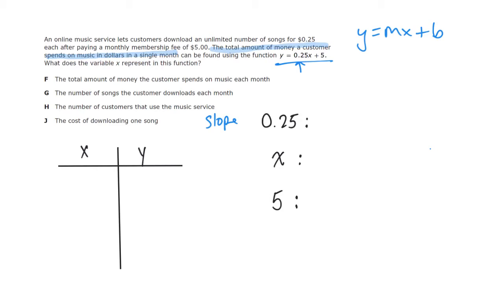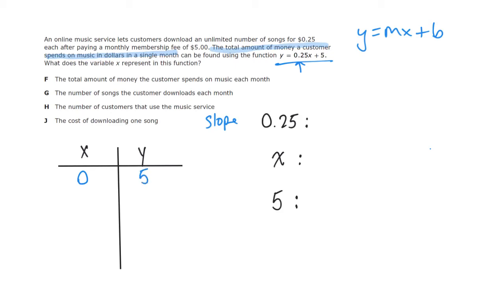And so over here on the left, I've got a table set up with x's and y's. And so I'm just going to start with x equal to 0 and plug that into my equation to get the y value. So 0.25 times 0, which of course would be 0, plus 5 would equal 5.